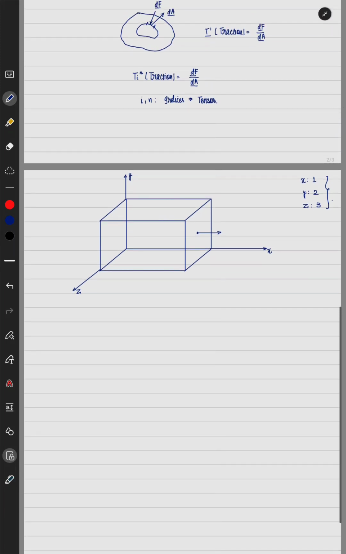One more thing I would like to say, the first index, whatever I write, will indicate the direction of the normal, meaning the direction of the area, and the second index that I will use will represent the direction of force.